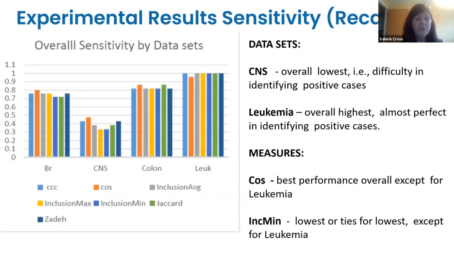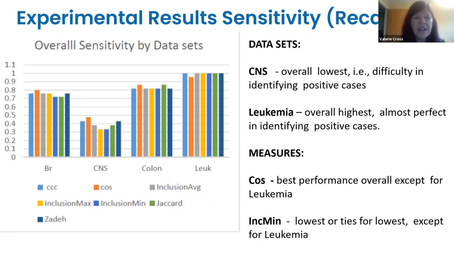We ran the experiments with different values for the N, G, and the different parameters. And for each data set, we recorded the highest value for each of these performance measures. Here's the recall or sensitivity.